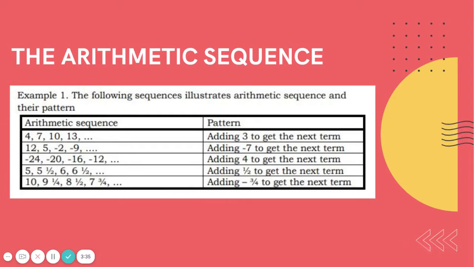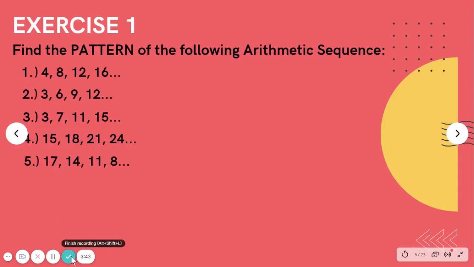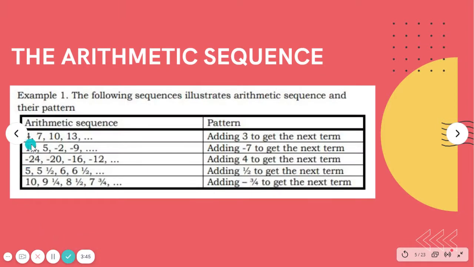So let us have an example here. The following sequences illustrate arithmetic sequence and their pattern. So we have this arithmetic sequence 4, 7, 10, 13. So ano yung pattern? The pattern is adding 3 to get the next term.